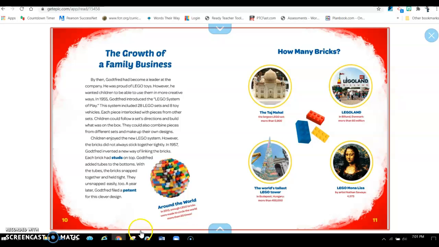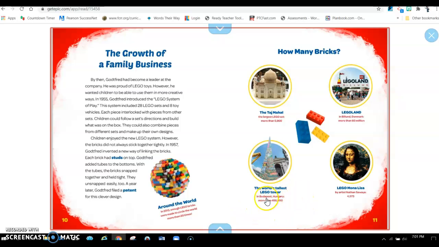So here we see around the world in 2013, enough Lego bricks were made to circle the world more than 20 times. How many bricks? The Taj Mahal, the largest Lego set, more than 5,900 bricks. Legoland in Billund, Denmark, more than 60 million Legos.